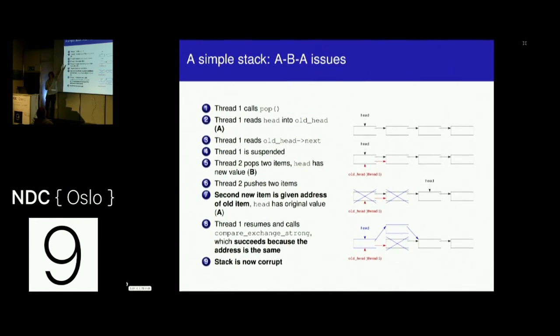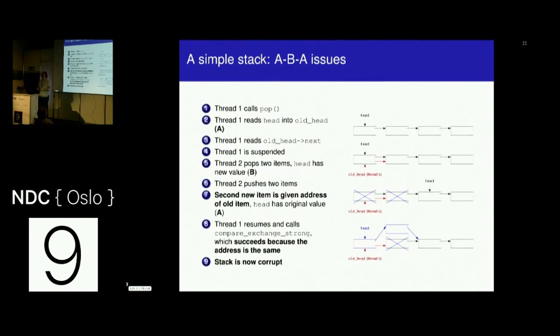Thread 1 calls pop, it reads the old head and gets a value A. It reads the next pointer from its old head and is then suspended. Thread 2 pops 2 items. Head now has a new value, which we'll call B. And then we push two items. But because we just freed some values, the allocator says, well, I'm going to give you the same object that you just freed. Because often it does that.